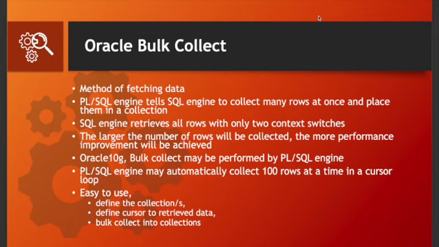The result is that Bulk Collect of 75 rows may not provide you with much of a benefit. But using Oracle Bulk Collect to collect a large number of rows, many hundreds, will provide increased performance.